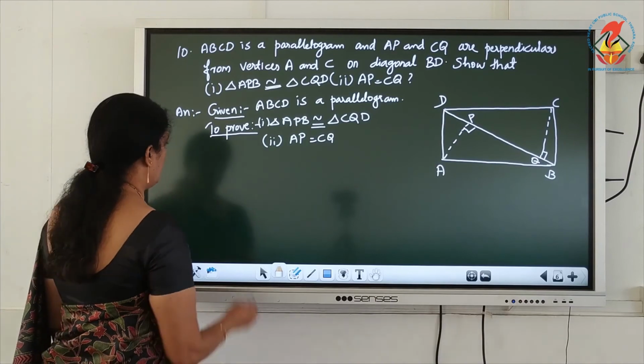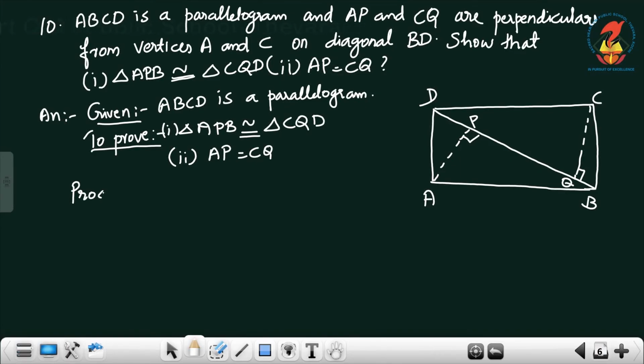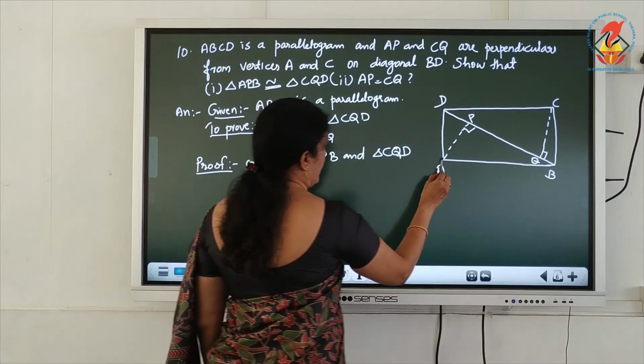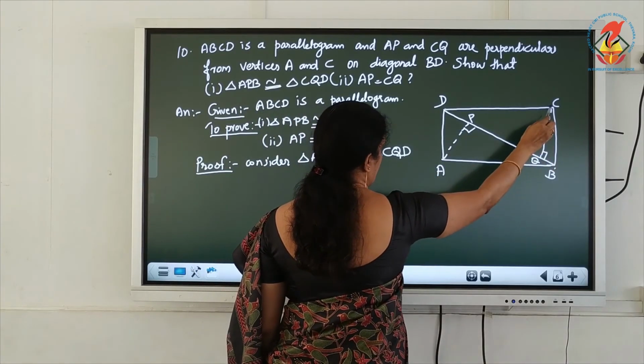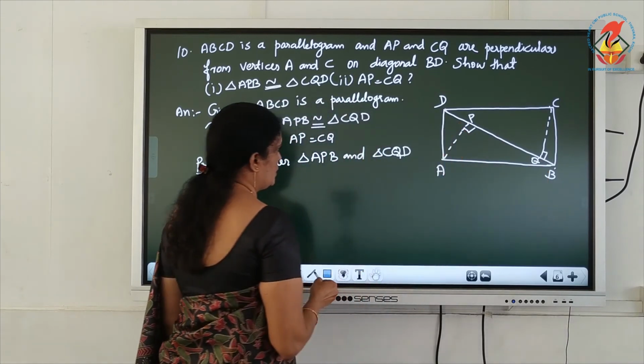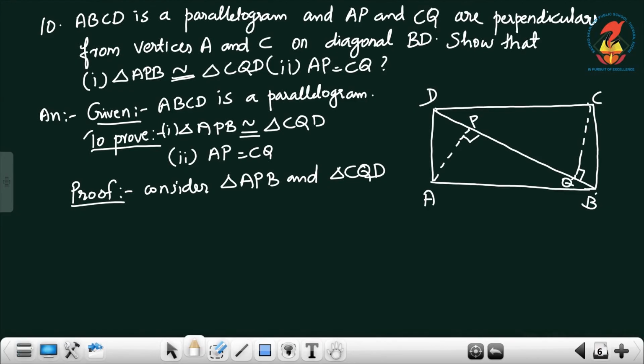First, consider proof. Consider triangle APB and triangle CQD. AB equal to CD, because ABCD is a parallelogram.